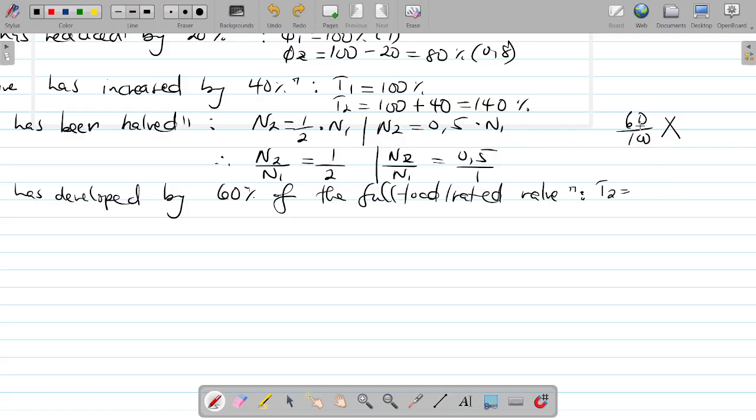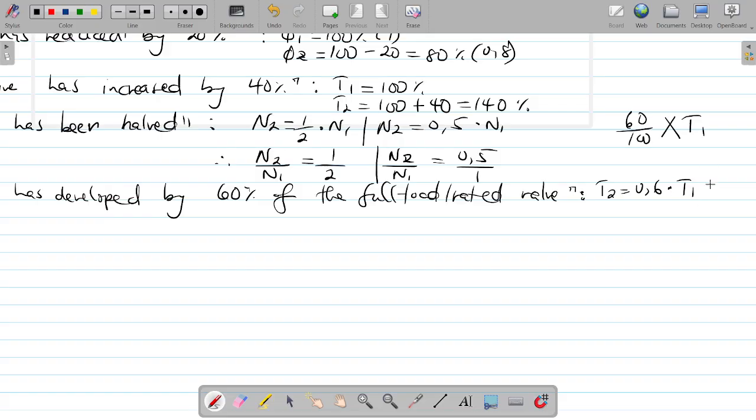The rated or full load values are primary values, so in this case it would be T1. You can express it as 0.6, which is 60 divided by 100, times T1. You can leave your expression in this manner.